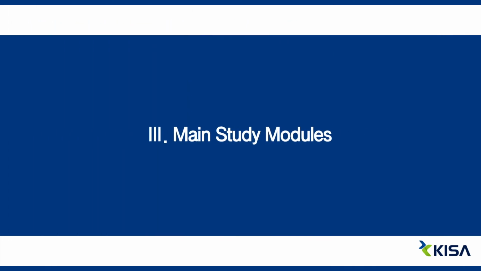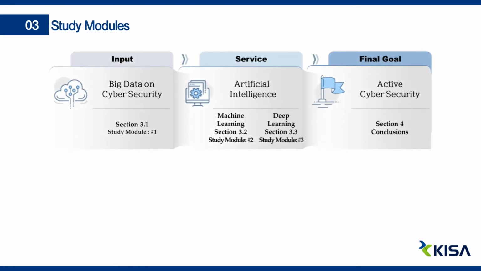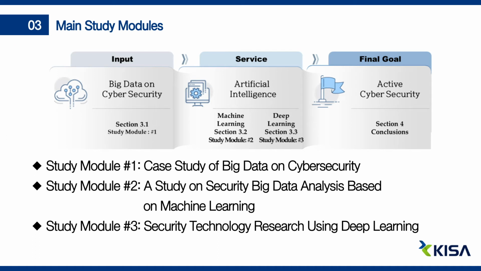In this chapter, I'll introduce 3 study modules. Cyber battlefields are defined and various countermeasures are being taken to cope with the exponential increase in cyber attacks worldwide. Despite the significant increase in interest in cybersecurity, it is increasingly important to analyze the cybersecurity big data and utilize AI services due to the lack of specialized personnel.